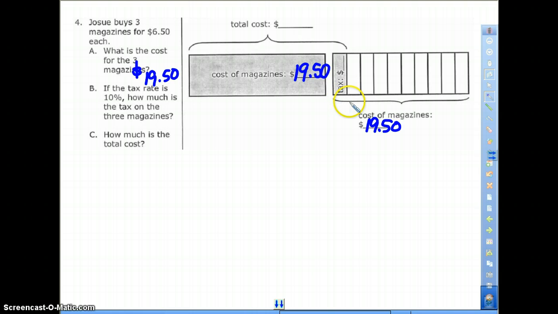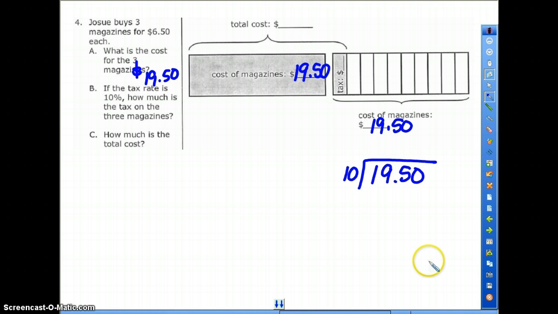We have to pay 10% of that on tax. So how many boxes did we divide this up into? 1, 2, 3, 4, 5, 6, 7, 8, 9, 10. Each one of those represents 10%. Add it all together, you got 100% of the cost of the magazines. Okay, so you could take $19.50 and divide it by 10. And then you would have your tax.